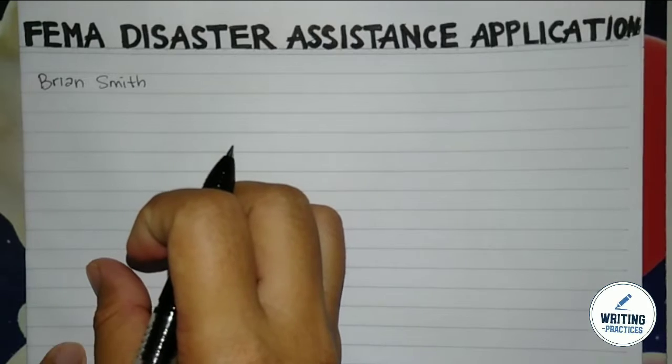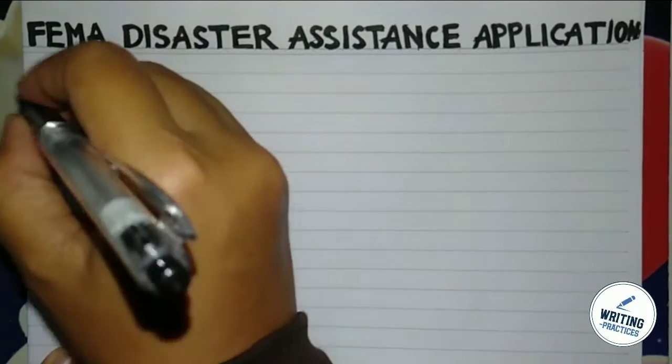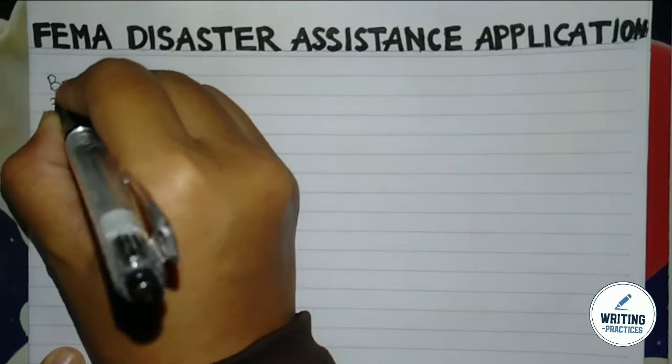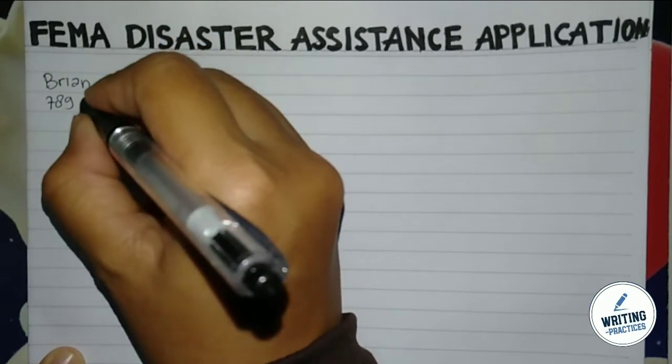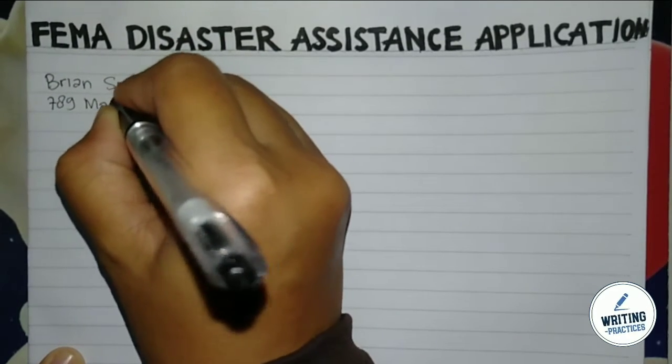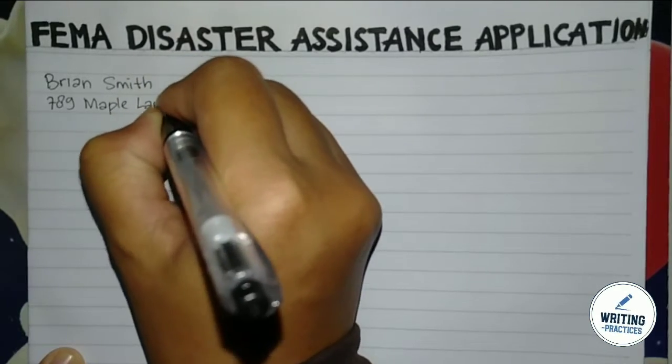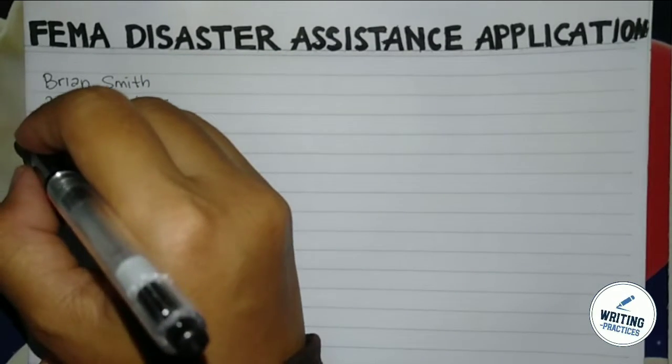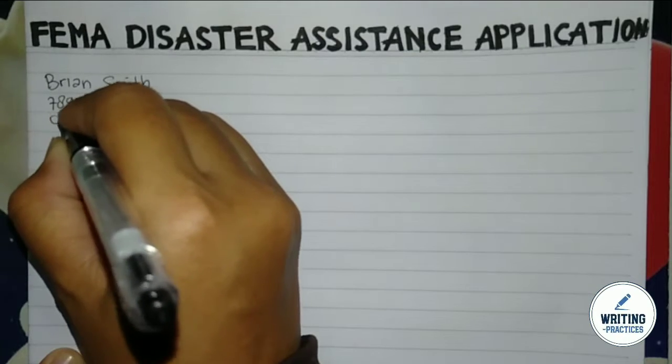A FEMA Disaster Assistance Application Letter is a written request submitted by individuals, or households, affected by a natural or man-made disaster in the United States, who are seeking financial assistance and other forms of aid from the Federal Emergency Management Agency, or FEMA.